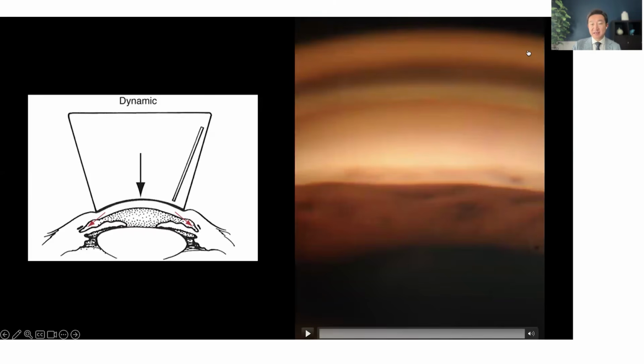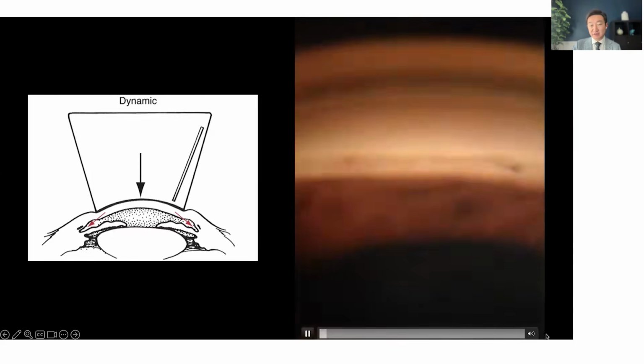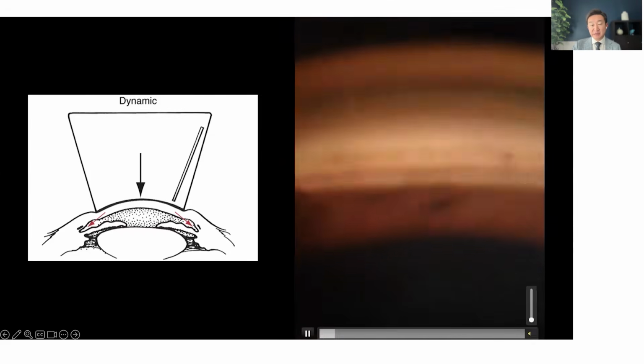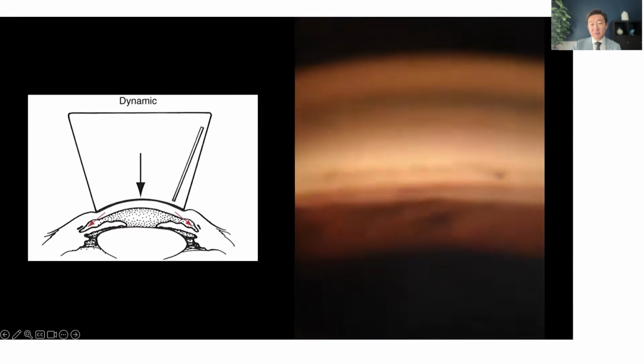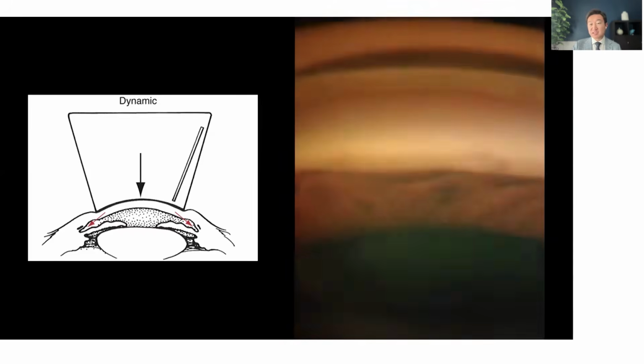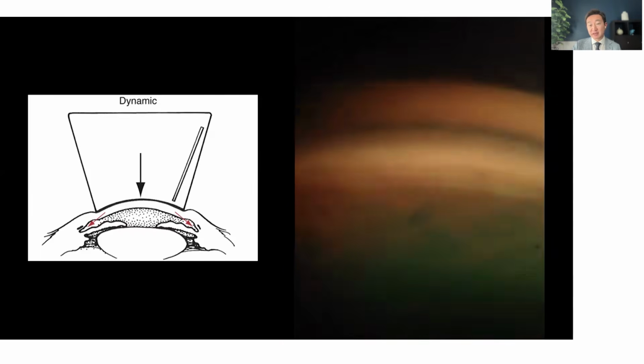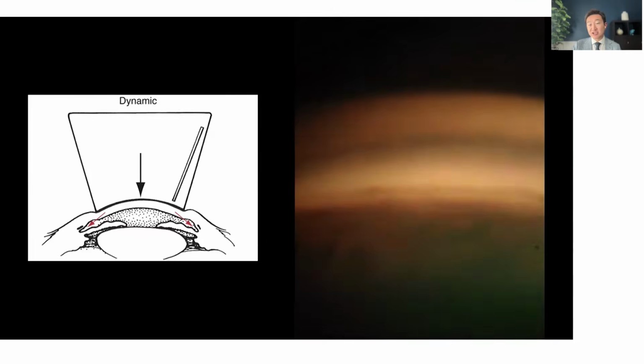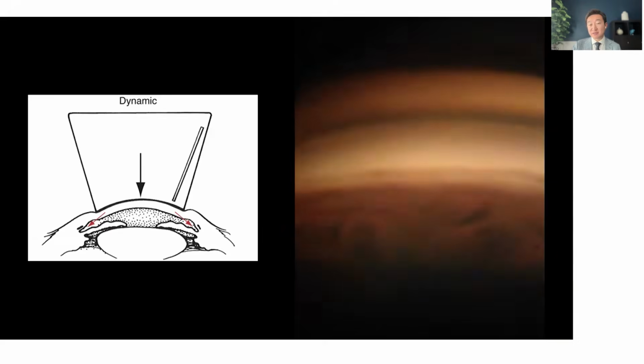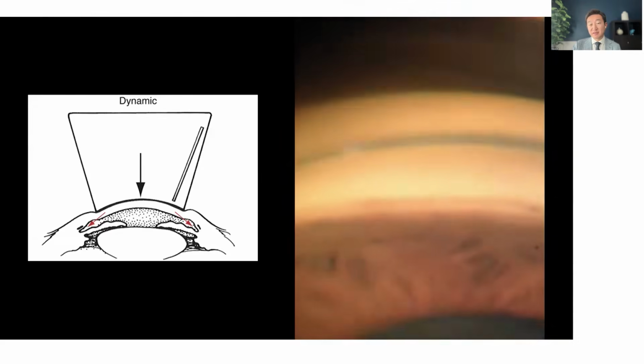And so this is demonstrated in this video here, in which you can see that when there's indentation, you can see the pigmented trabecular meshwork, and then when the indentation is lifted, you cannot see the pigmented trabecular meshwork anymore.